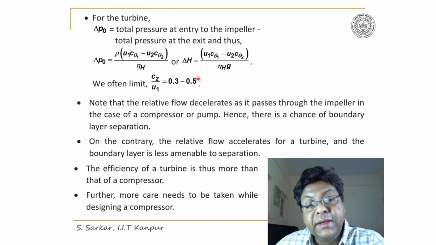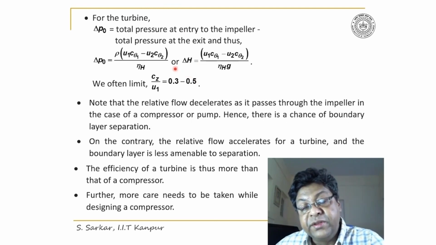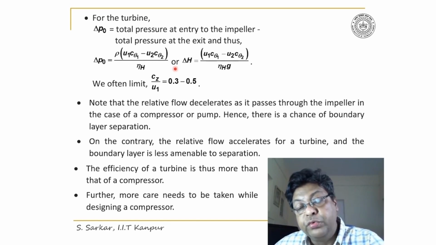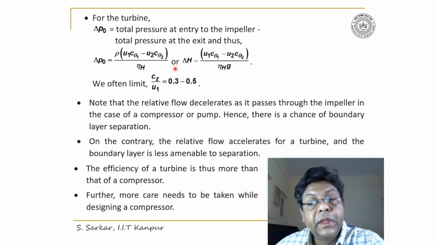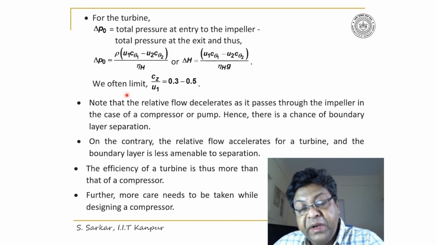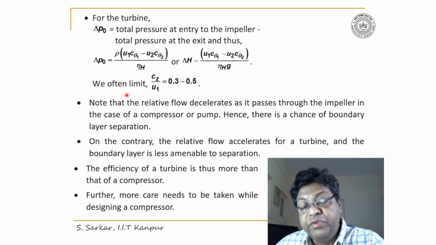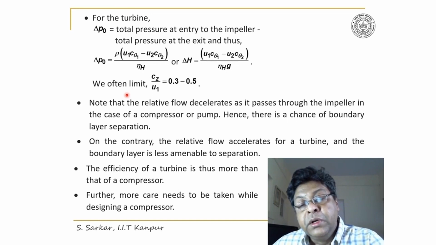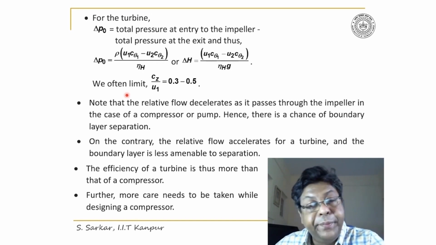Similarly, I can write del H, that is the head drop in a stage, is equal to U1 C theta 1 minus U2 C theta 2 divided by eta H into g. We often use an empirical relation, Cz by U, where U is the blade speed. We keep that in a limit of 0.3 to 0.5.